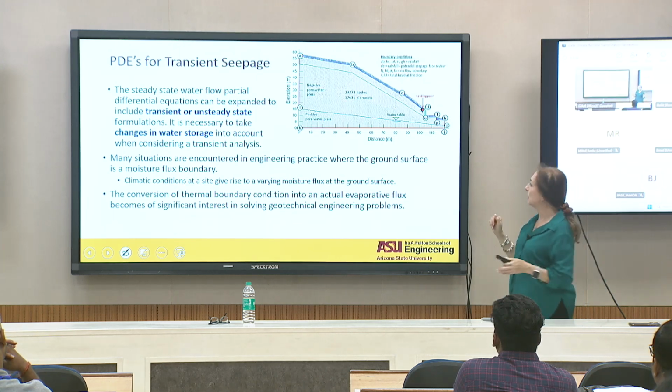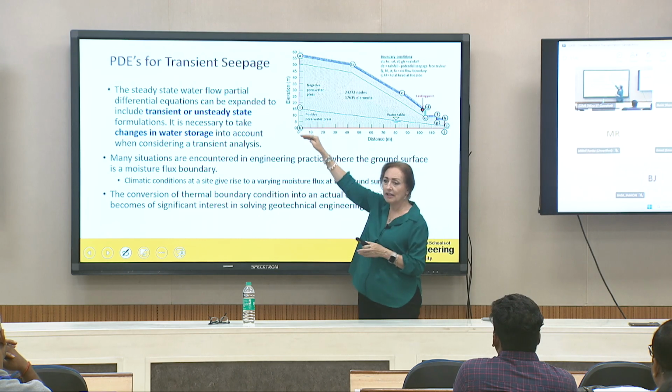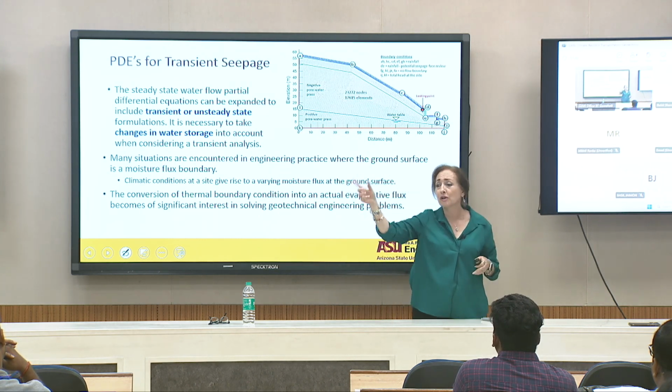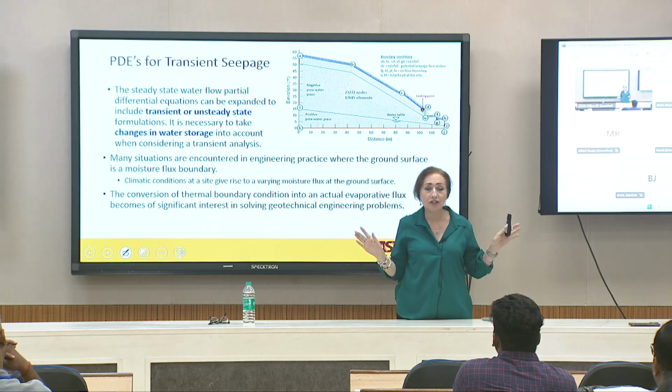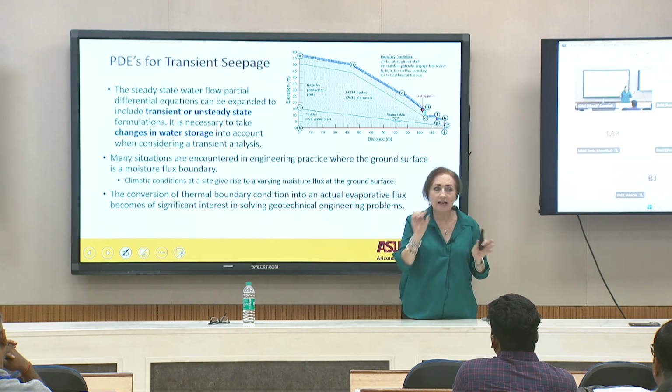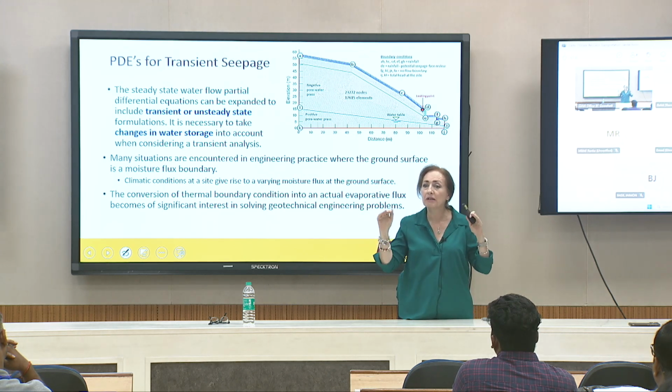Like, if you put a water table in here, you can say this is your suction equals 0 line. Suction equals 0 means saturated. And then you can run the program with this one fixed.